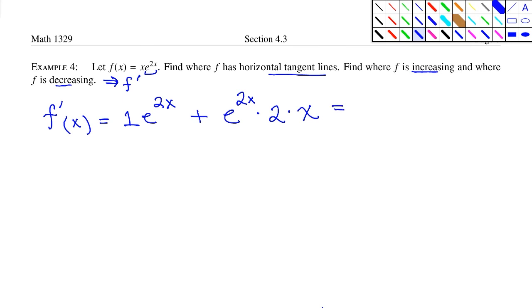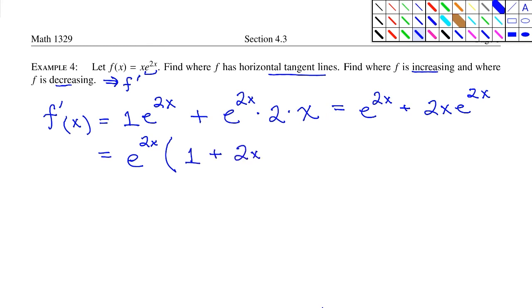So this is e to the 2x plus 2x e to the 2x. Let's simplify by factoring out e to the 2x. And that leaves me with 1 plus 2x.